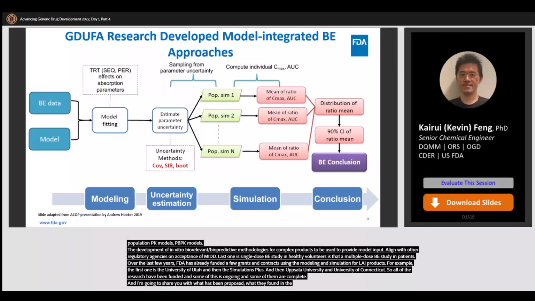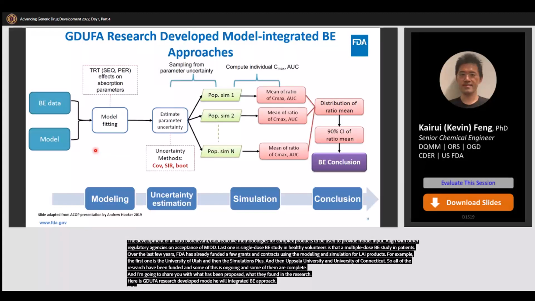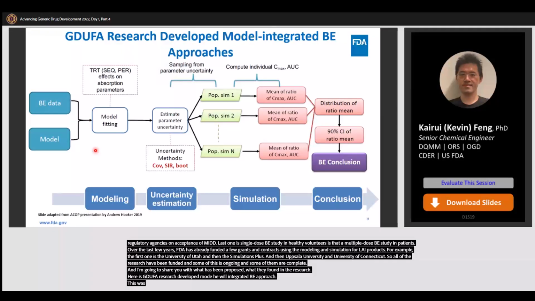Here is a GDUFA research developed model integrating BE approach. This is what was proposed by ACOP, presented by Andy Hooker in 2019.